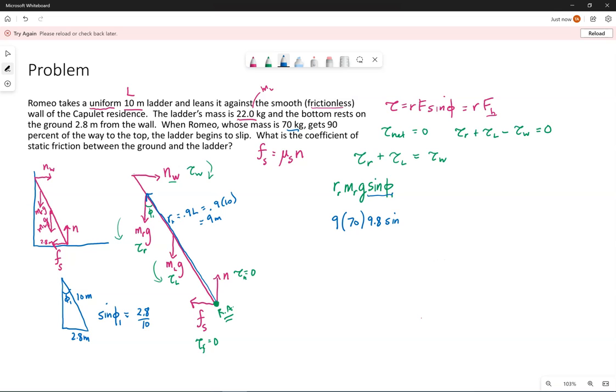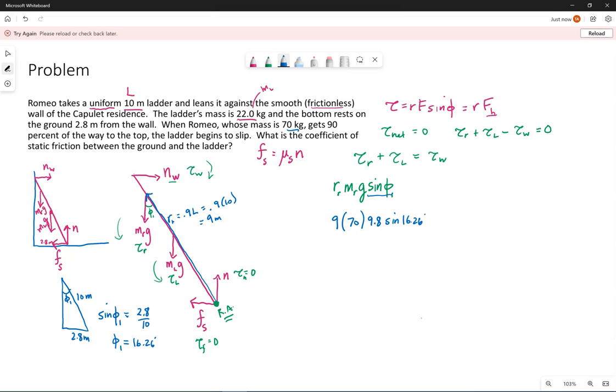Technically, we could just plug that ratio in if we wanted, since we have sine of phi 1 in our equation. I will go ahead and find the angle, because I know that might be helpful for some of you. So inverse sine of 2.8 over 10 tells me that phi 1 is 16.26 degrees.